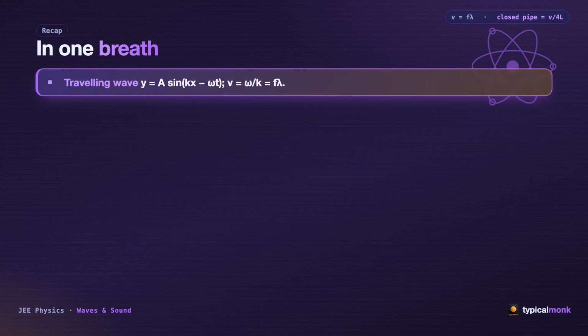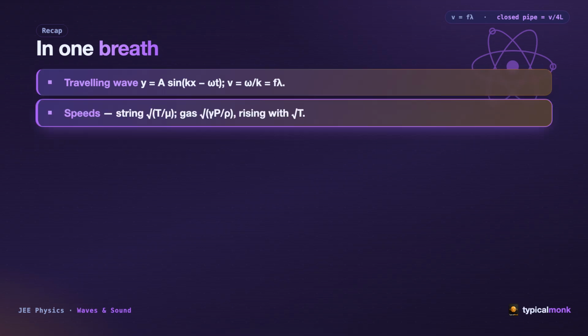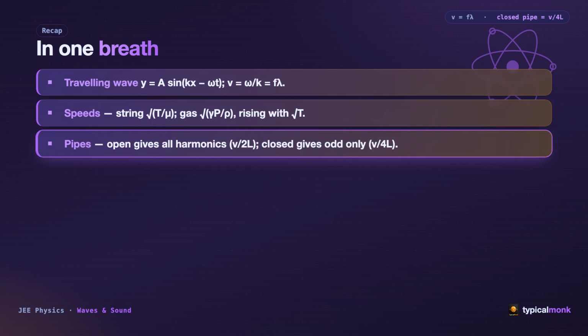The traveling wave, y equals sin(kx minus omega t), v equals omega over k, which is f lambda. The speeds: on a string, the square root of T over mu, in a gas, the square root of gamma p over rho, rising with the square root of T. The pipes. An open pipe gives all harmonics, v over 2L.